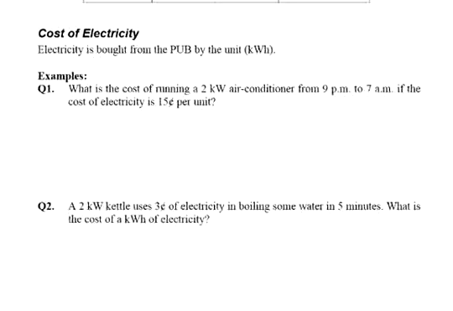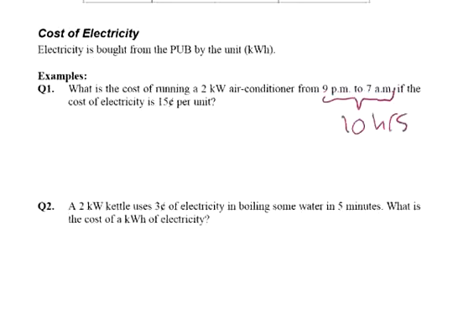Okay, so first, all we need to do is to find how long they use the air conditioner from 9 p.m. to 7 a.m. From 9 to 12 is 3 hours, and then from 12 to 7 is 7 hours, so technically here is 10 hours.